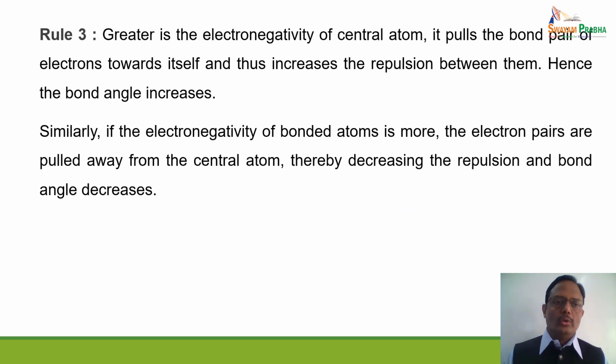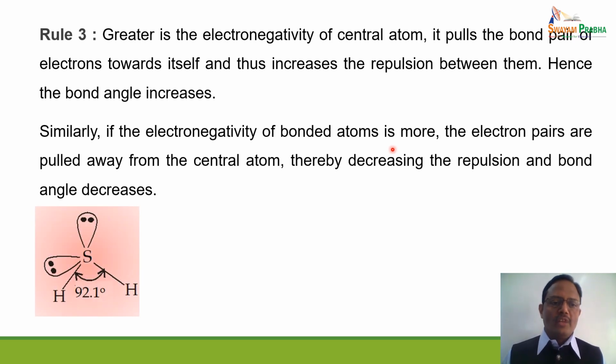Coming to the third rule, it says that the greater the electronegativity of the central atom, the more it pulls the bond pair of electrons towards itself and thus increases the repulsion between them. Hence, the bond angle increases. Let us try to understand this concept taking an example.